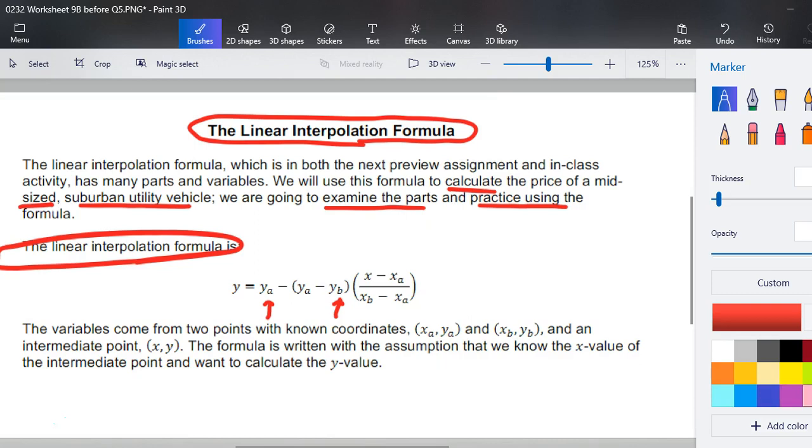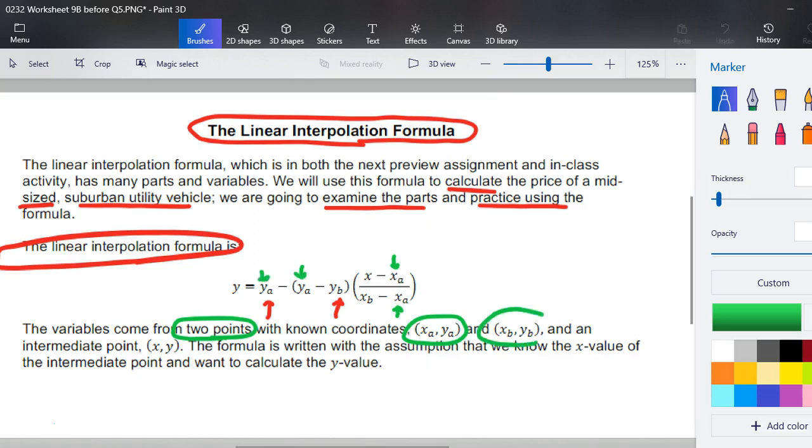But what you do need to note, and this definitely needs to go on a glossary or flashcards, is that the variables come from 2 points. We'll call one point x sub a and y sub a, and you'll notice there are x sub a's and y sub a's in the formula.